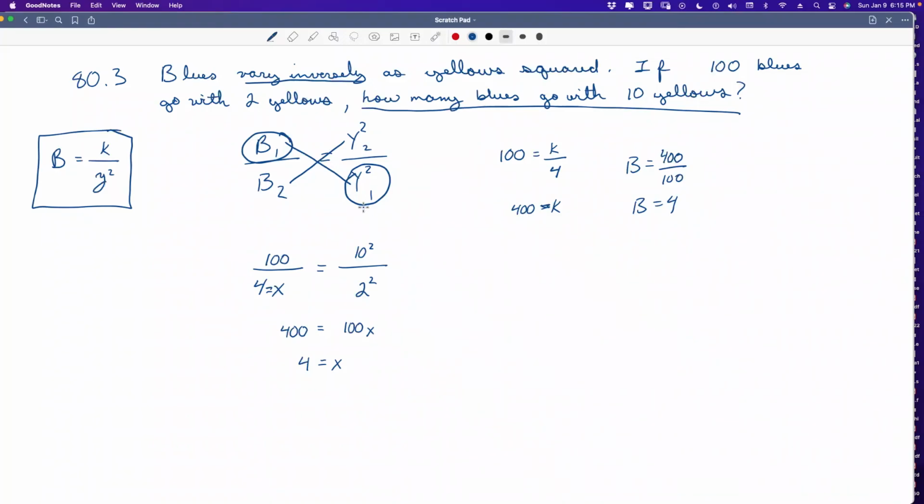You're just swapping the event of when it occurs so that you can cross multiply the events times each other, or the same thing in the same event is cross multiplied. You could even do B2 over B1 as long as you did Y1 over Y2, because then the same event would be across from each other and the same thing would be on the same side. And that's your structure for that.